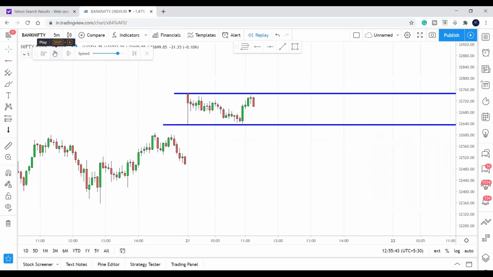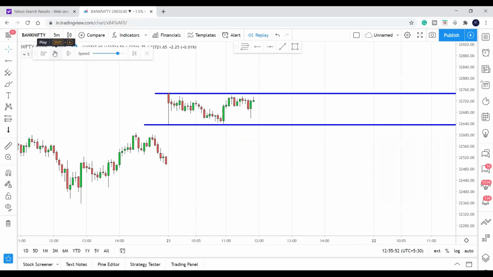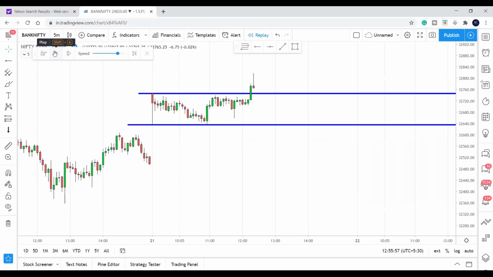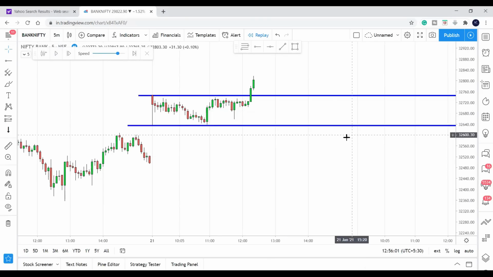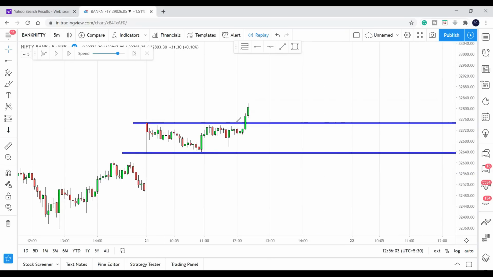Now let us see what happens near the resistance. And breakout, right? This is the breakout, and it broke from the resistance. So this is the breakout line, right?